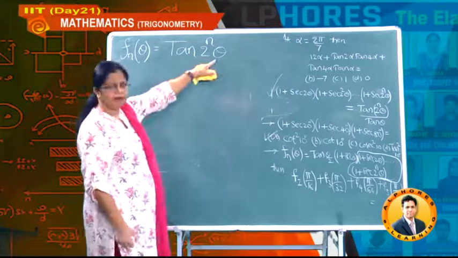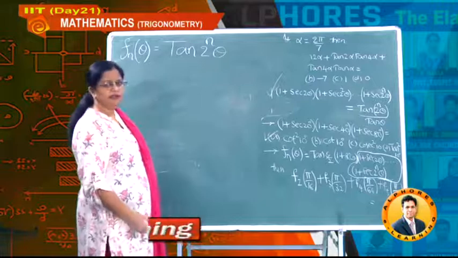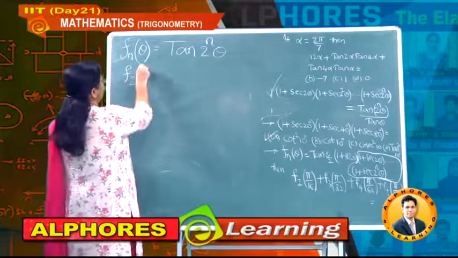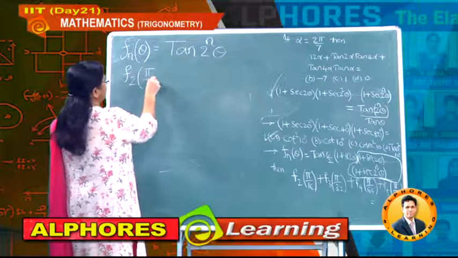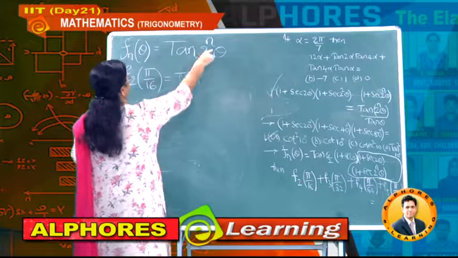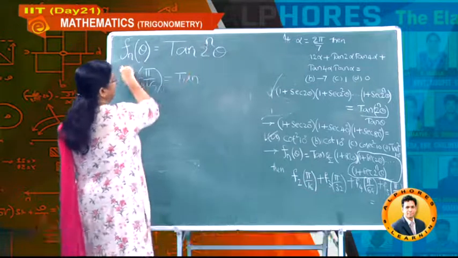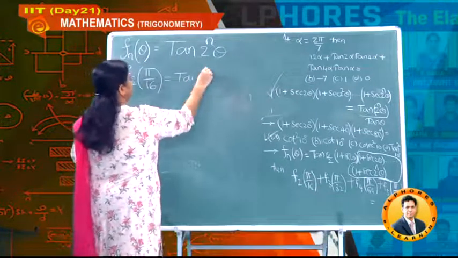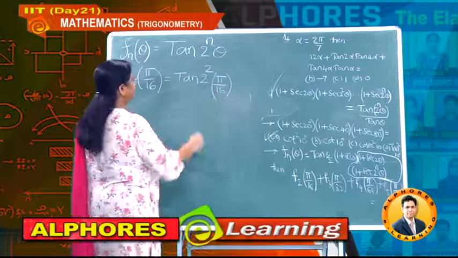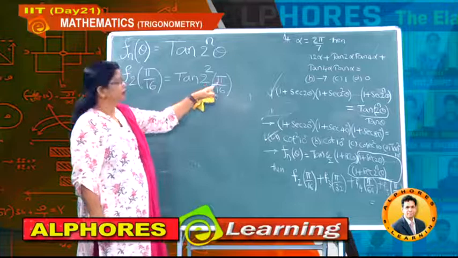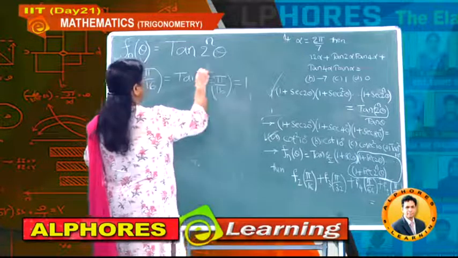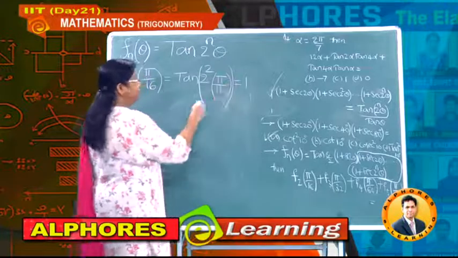Theta is pi by 16, and 2 represents the n value. So f2 of pi by 16 is nothing but tan 2 square pi divided by 16. Now this is 4 pi by 16, so what is the answer here? Tan pi by 4, and hence the value is 1.